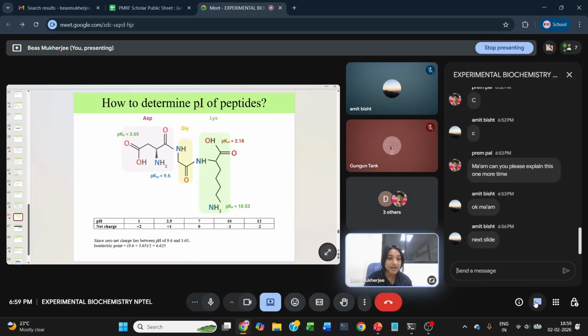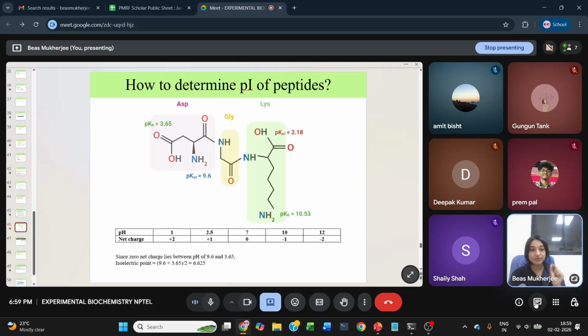So look at this very carefully and tell me which pKa values you would take into consideration, that finally result in a charge of 0. It is written on the slide. You people are not looking.